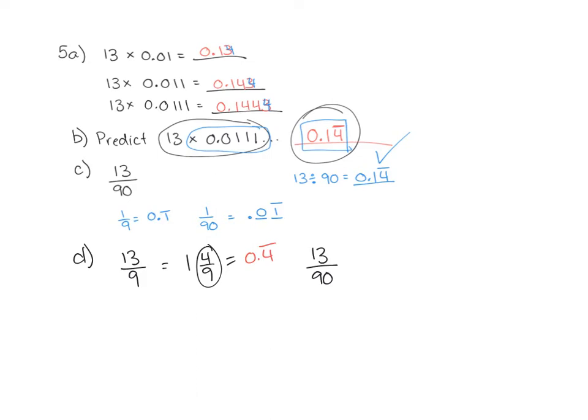So if we added 1 plus 0.4 repeating, we would get 1.4 repeating. Now, this would be for 13 out of 9. To move to 90, it would be like dividing this whole thing by 10. So if we were to move the decimal place over 1, we would get 0.14 with the 4 repeating.